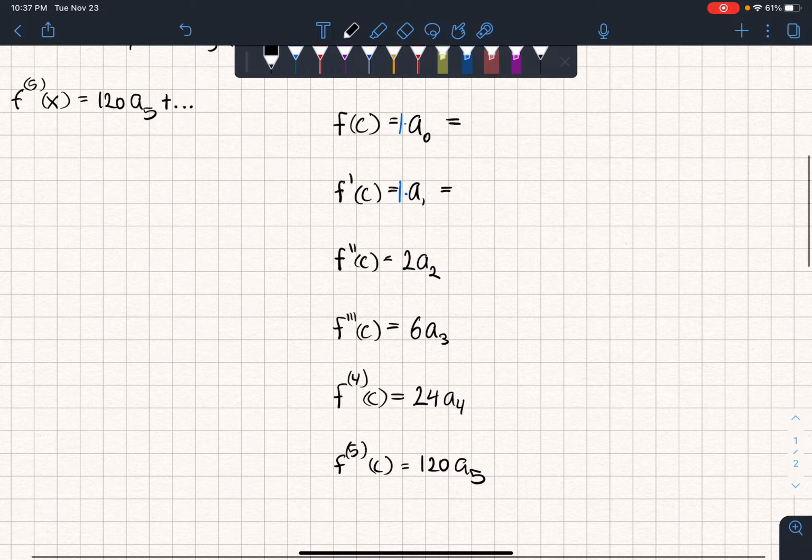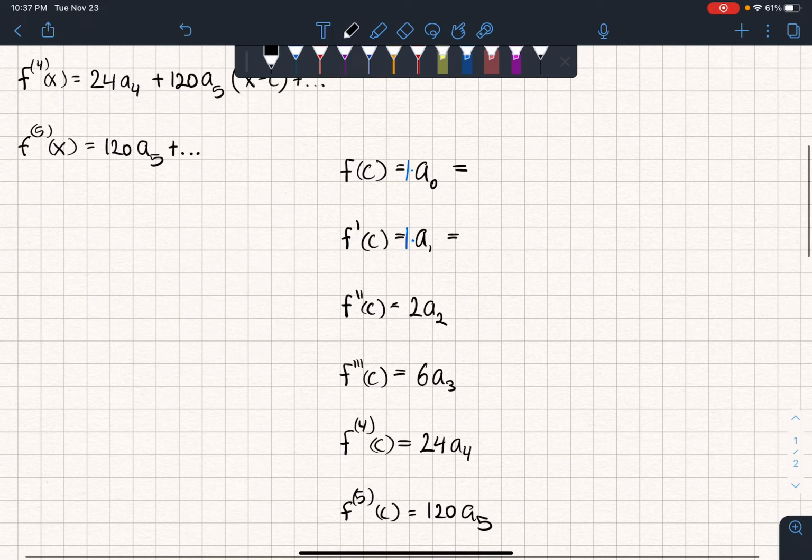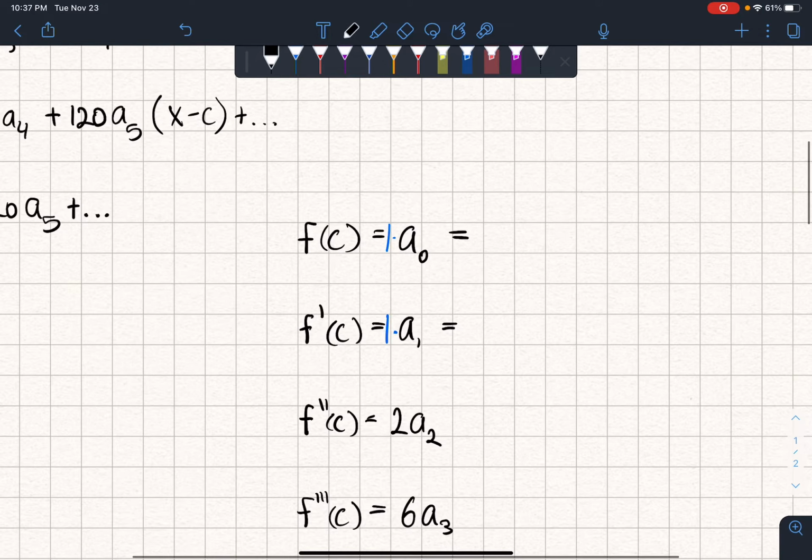If we relate that number to the number of derivatives, f of c is technically the 0th derivative, right? We didn't take any derivatives.